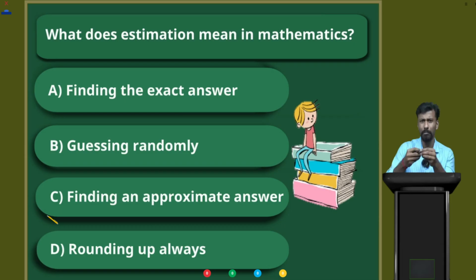Whenever you take a smaller number from a larger number, whatever deflection you get will be minimal, so you can neglect it, it is negligible. That's why the answer will be option C, finding an approximate answer.